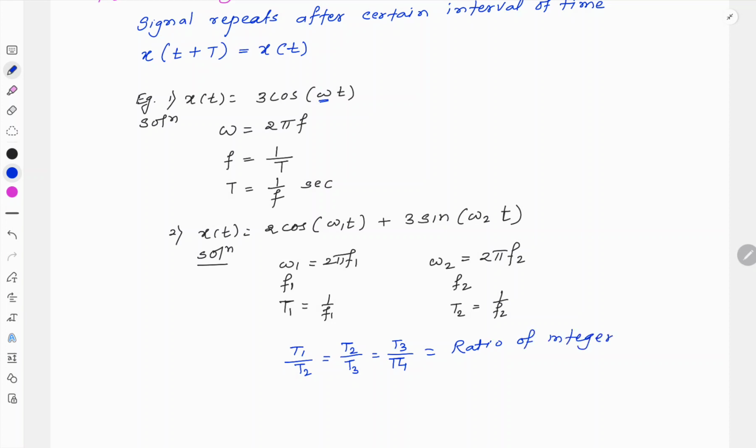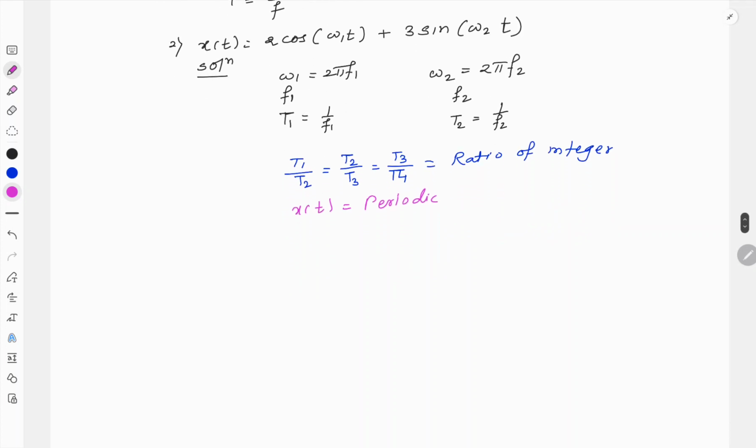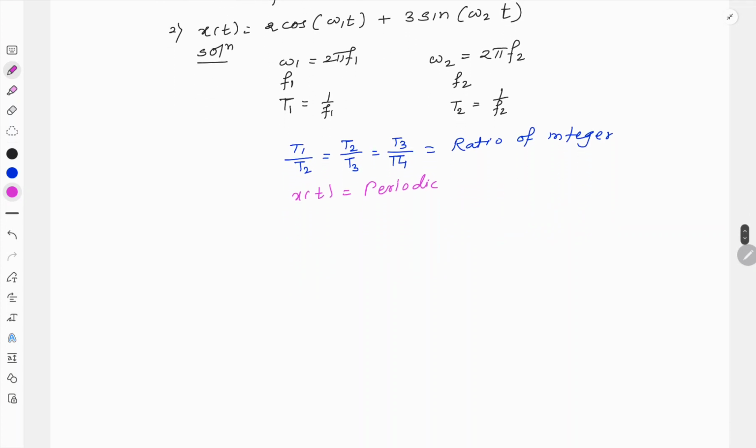If this is a ratio of integers, then we can say that the given x of t is periodic. The period for such signals is calculated as the LCM of all the values. So the period T for the overall combination of sine and cos will be the LCM of t1, t2 and so on.